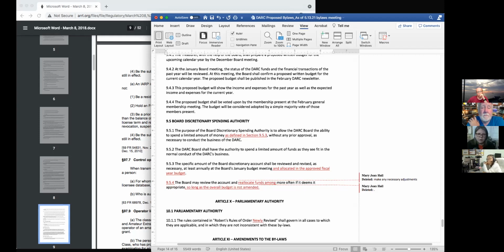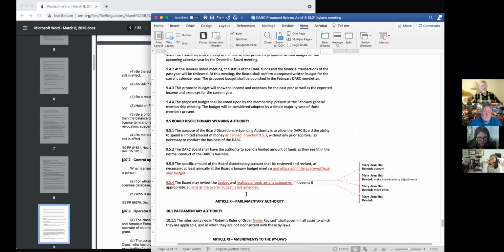What would that be called? Like a category. Okay, so the board may review the account and reallocate funds among. Do we want to say the account or the budget? Yeah, budget.